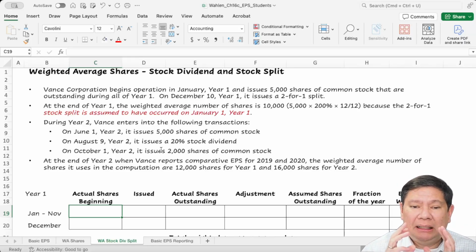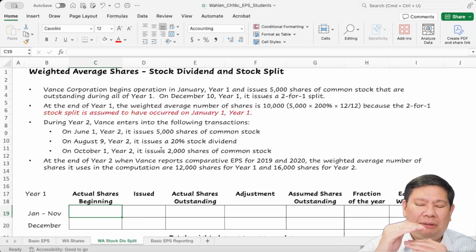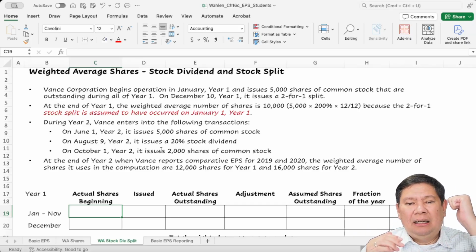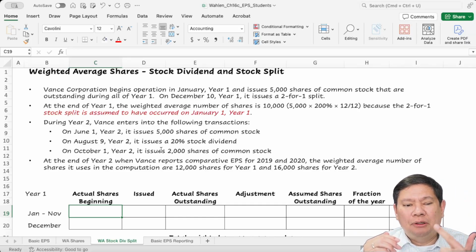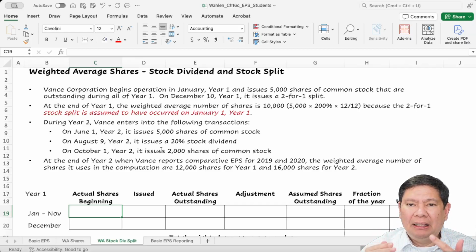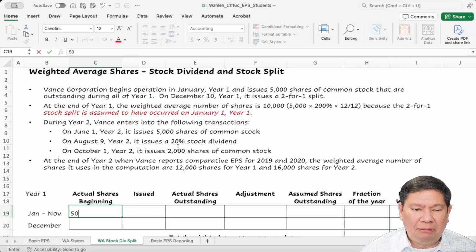So we have two different periods here: January through November, which is 11 months, and December itself, which is 1/12. January through November, there are 5,000 shares, with no more issuance during that period.